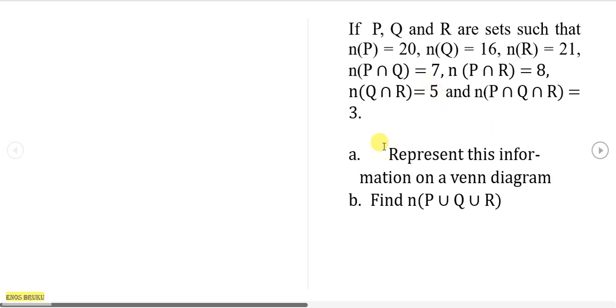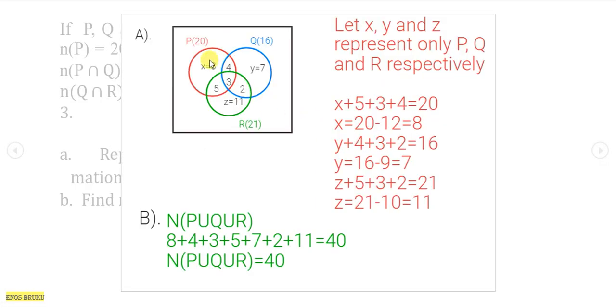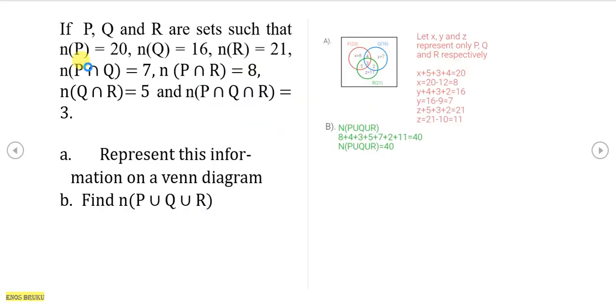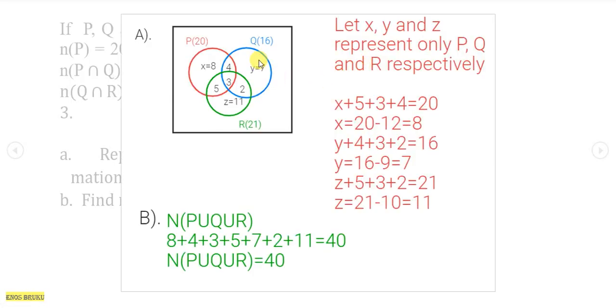Okay, so here is our Venn diagram. Because we have the sets P, Q, and R, obviously it's going to be a three set problem, so we should be drawing a 3-set Venn diagram.